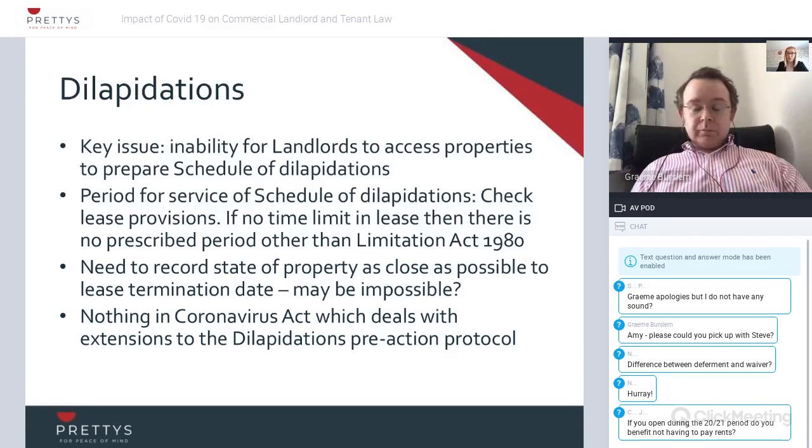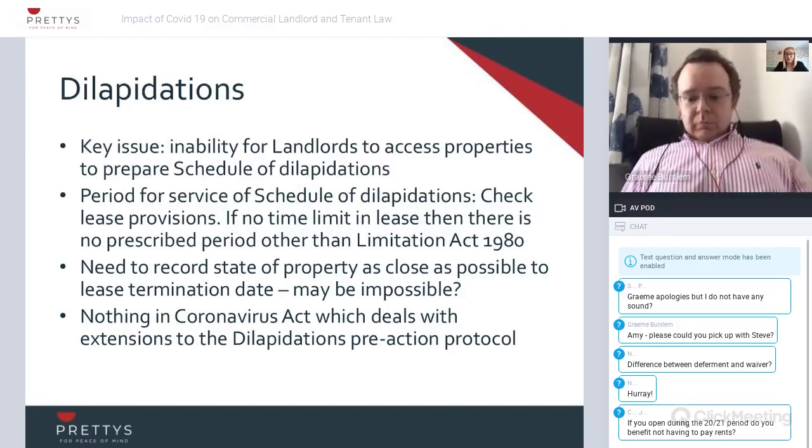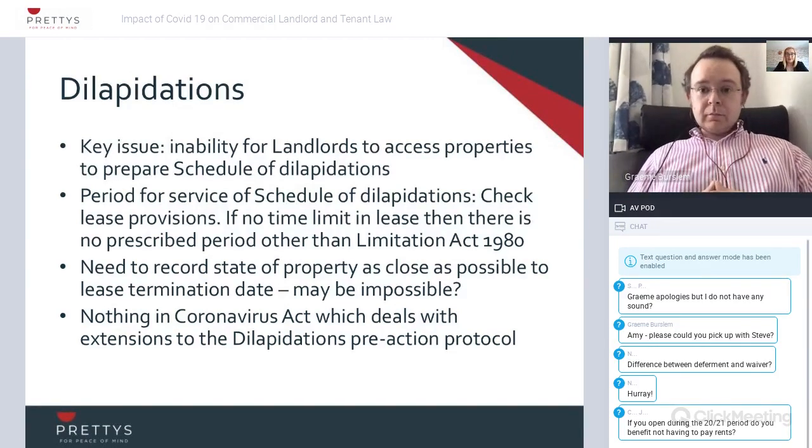Unfortunately, the Coronavirus Act hasn't dealt with this. There are a number of property related issues that it hasn't dealt with: planning for one, dilapidations for another. So whilst it's dealt with the biggie in terms of rent payments and forfeiture, it hasn't covered off a number of other things that have time limits that affect properties.